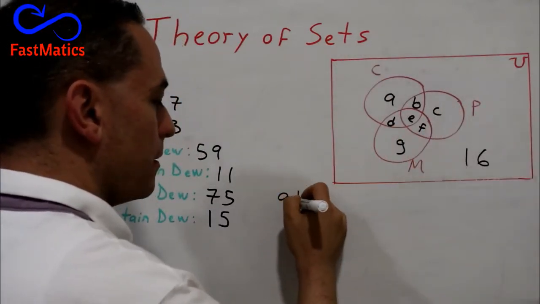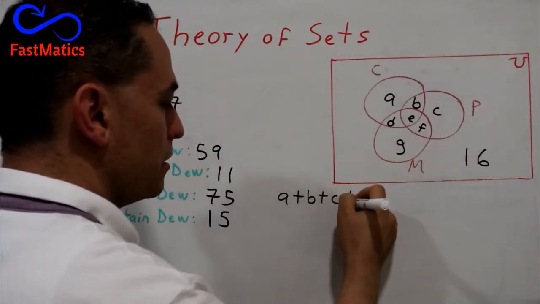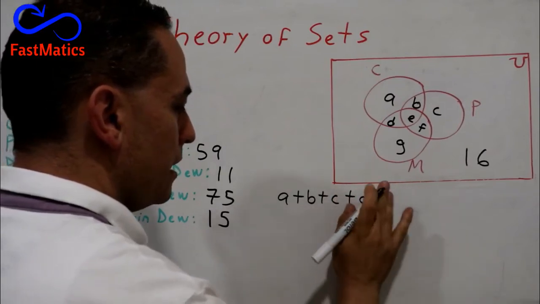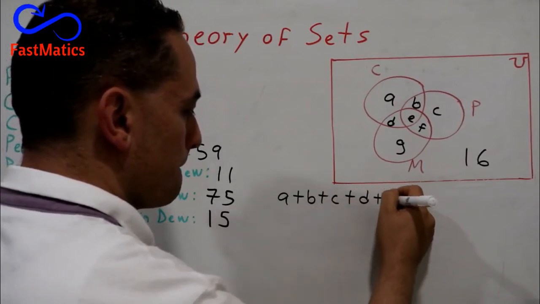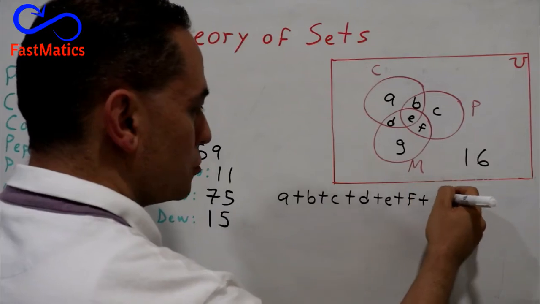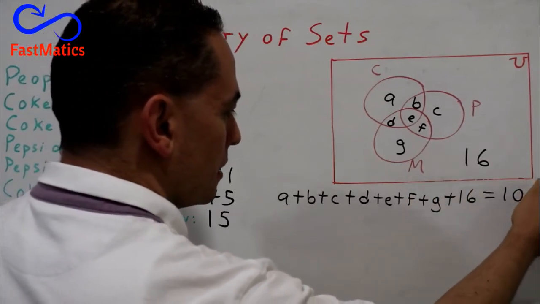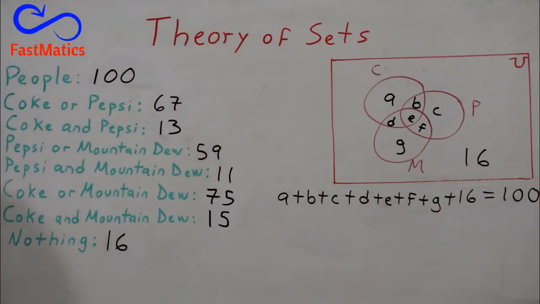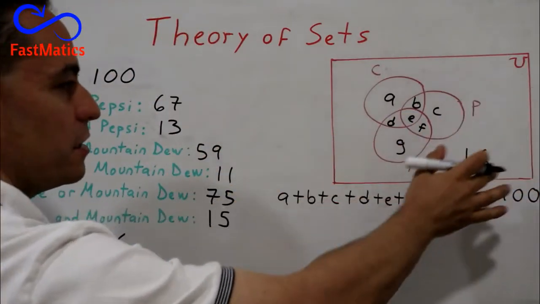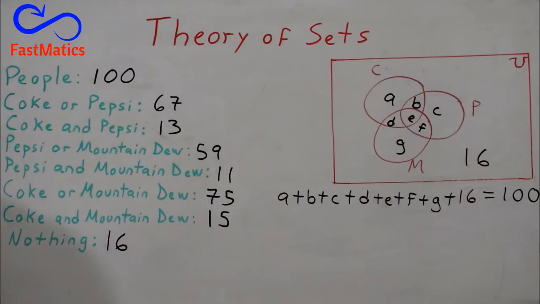Then A plus B plus C plus D plus E plus F plus G plus 16 must be 100 people. Everything here, 100.